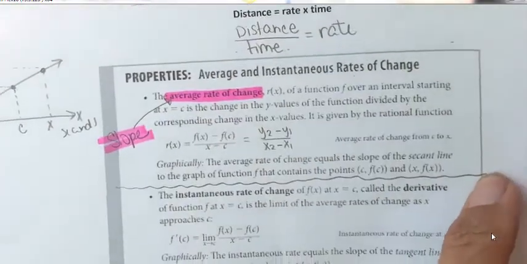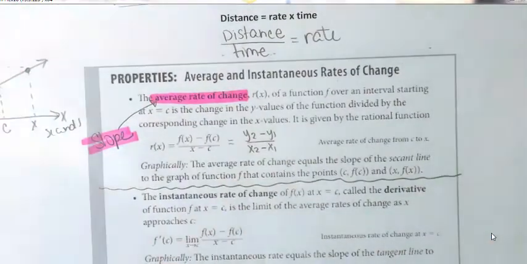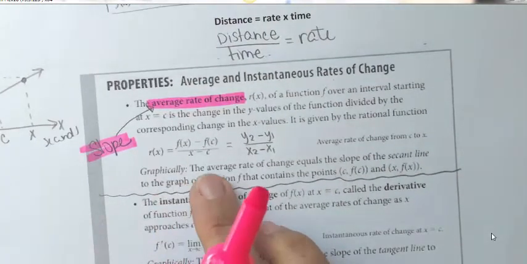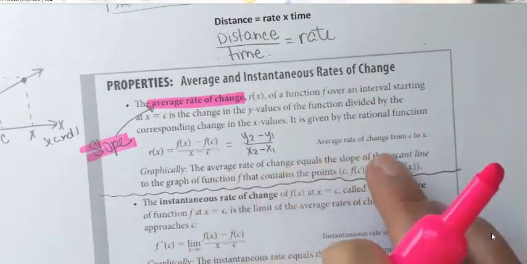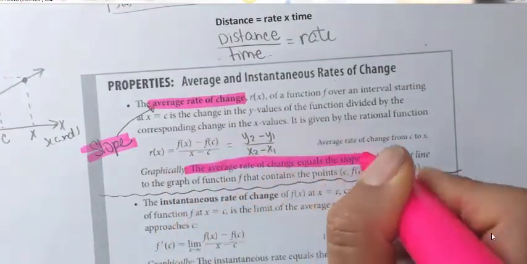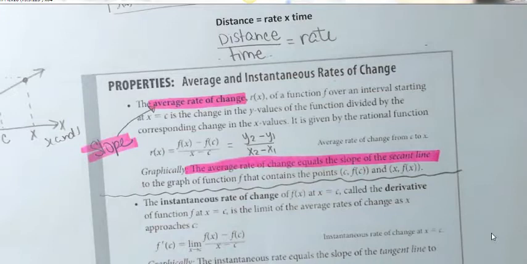So back to that other page. We're going to flip back and forth a couple times. Graphically, so down here, graphically, the average rate of change equals the slope of the secant line. So the average rate of change is the slope of the secant line.